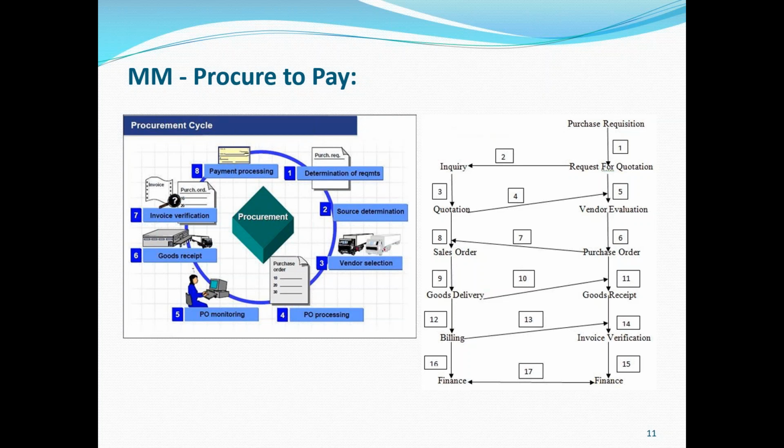Our company is liable to pay only for 90 pieces, not for 100. But sometimes by mistake, the supplier can bill us for 100 pieces. So by using invoice verification, we verify whether whatever we received with reference to the purchase order is matching with the commercial invoice of the supplier or not. That is done in invoice verification.